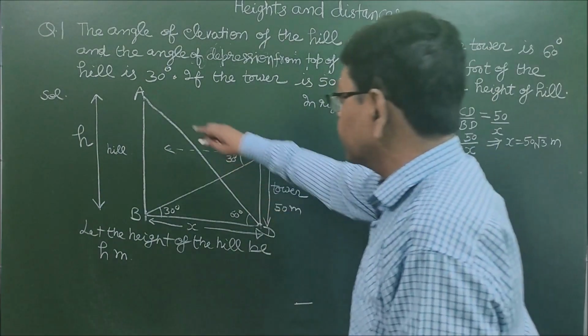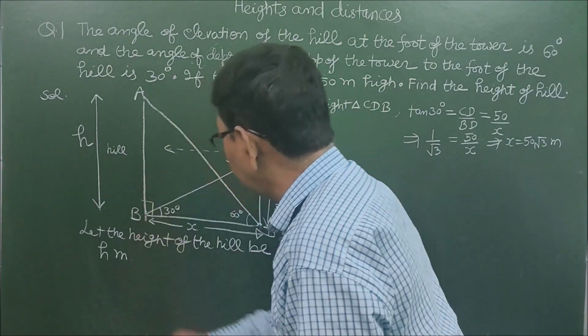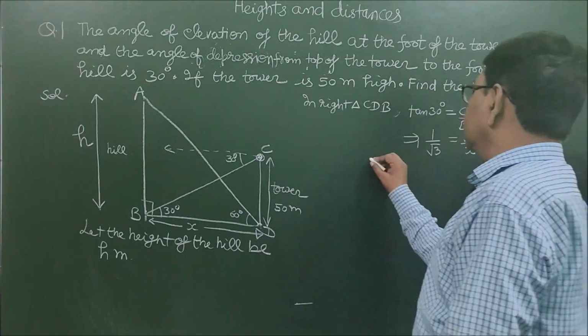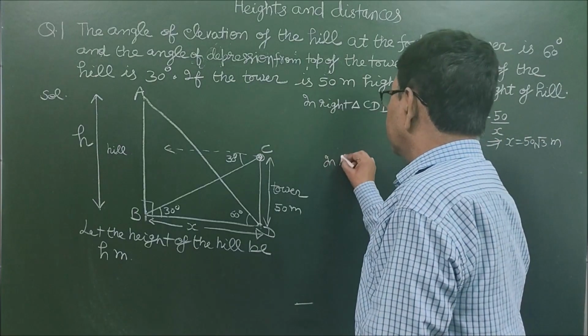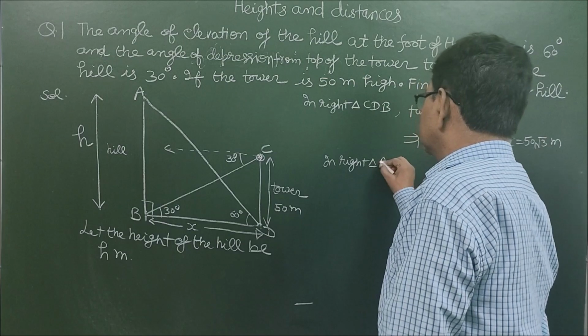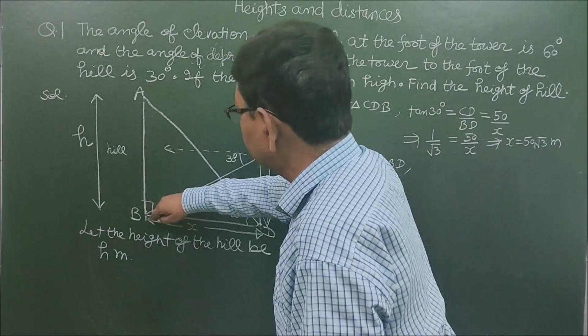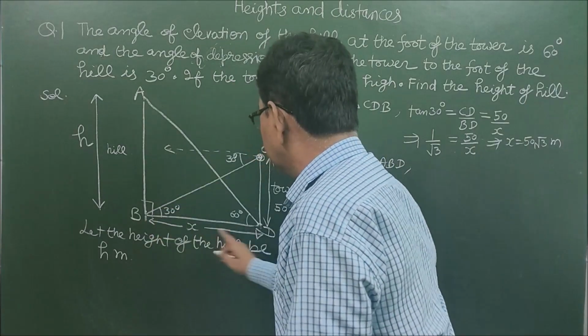Now let us come to this triangle, right triangle ABD. In right triangle ABD, again we want to calculate this height and base is known to us.